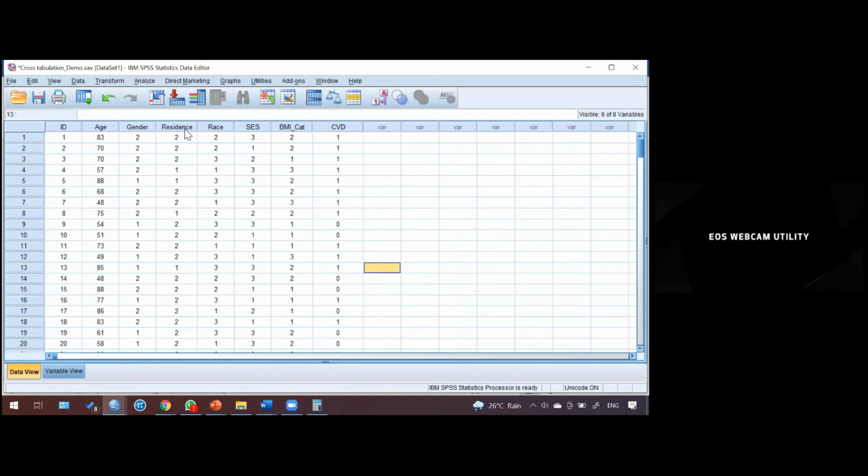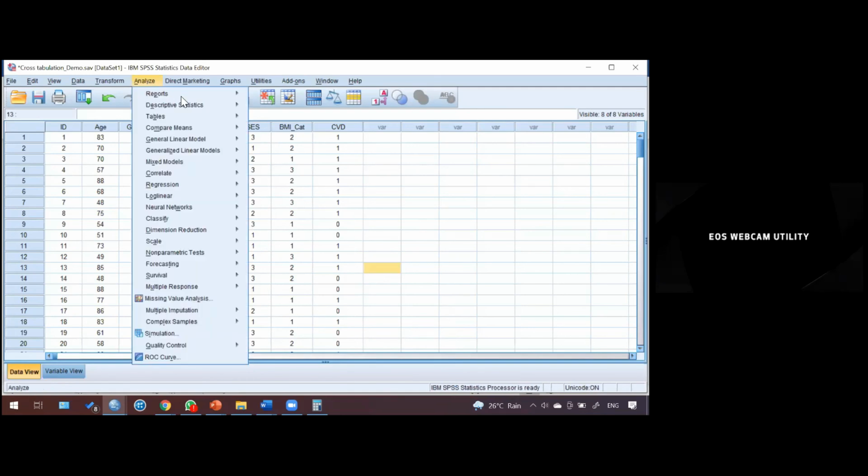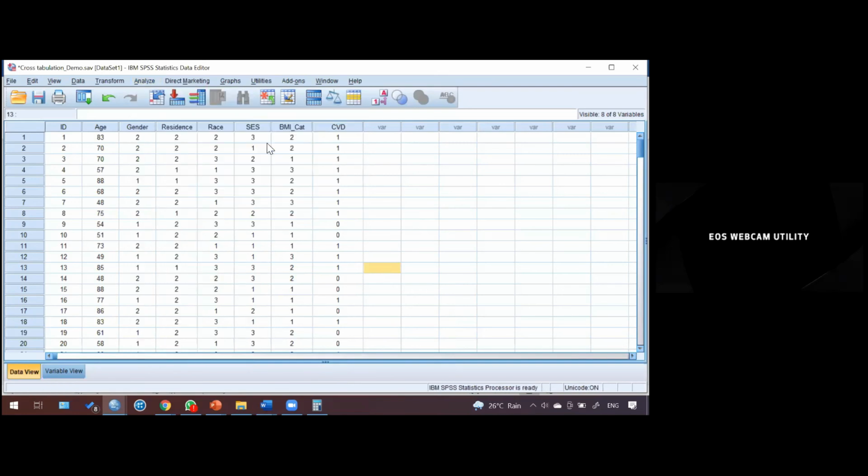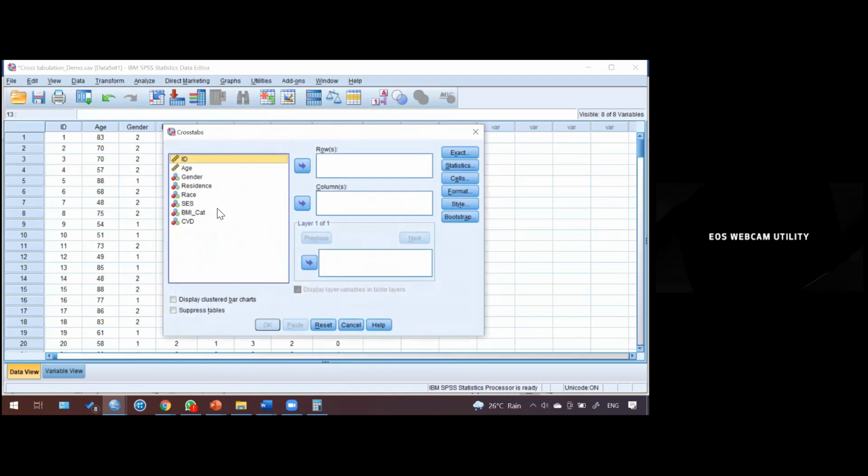Otherwise, for homogeneity also, we go to the descriptive statistics option and then click Crosstabs. Now again here is the role of the dependent and independent variable, because there is a column and there is a row. You want to see the CVD status, so CVD will go to the column and residence will go to the rows because it is an independent variable.